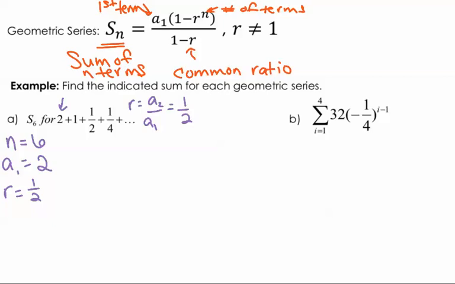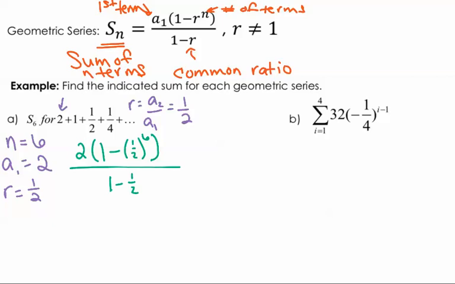So a1, 2 times 1 minus my ratio of 1/2. I always go ahead and put my ratio in parentheses because if it is negative, we want to make sure we're following order of operations. We're doing that 1/2 to the 6th power first. Close parentheses, all over 1 minus 1/2. So be very careful here.